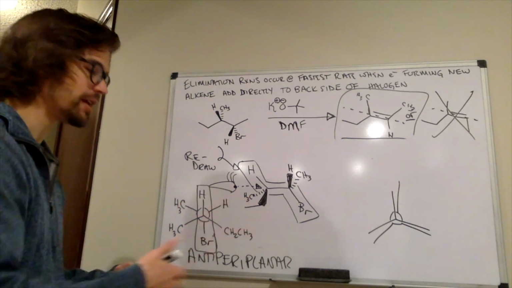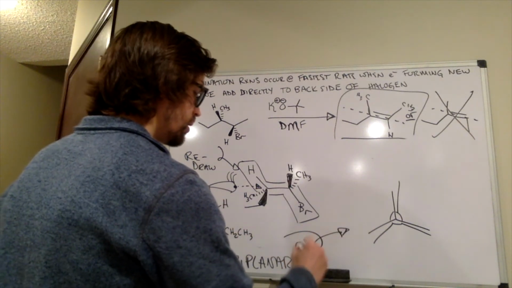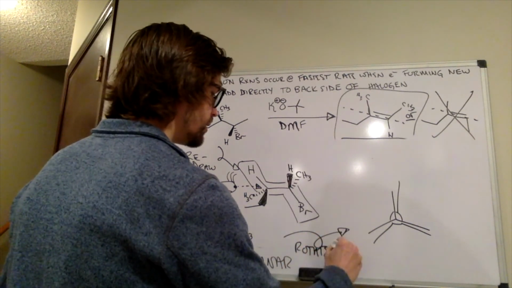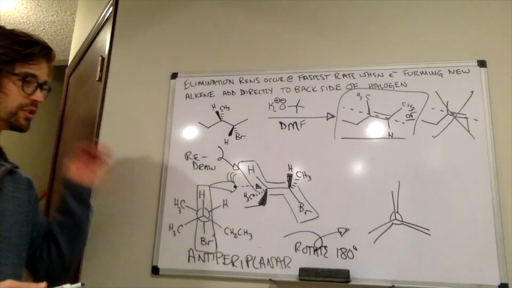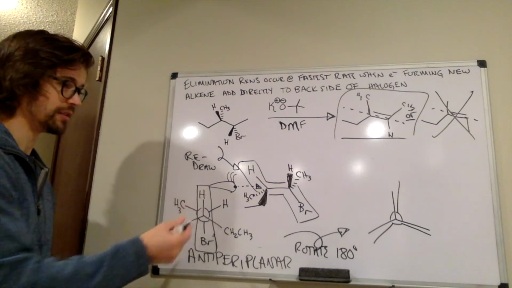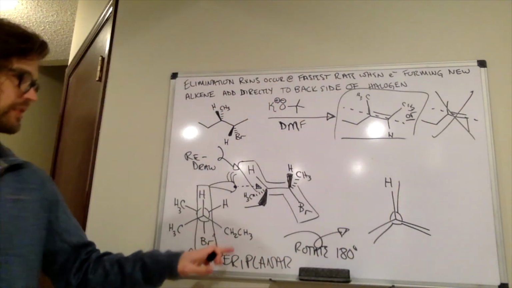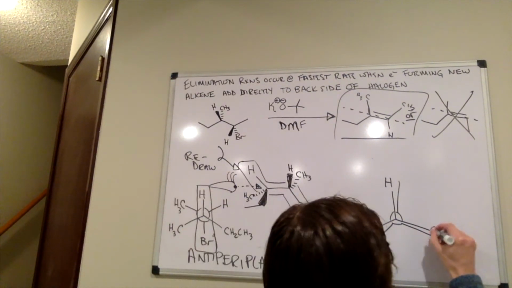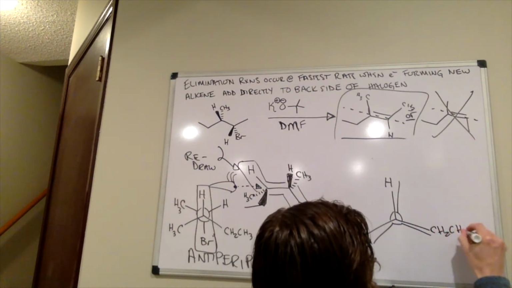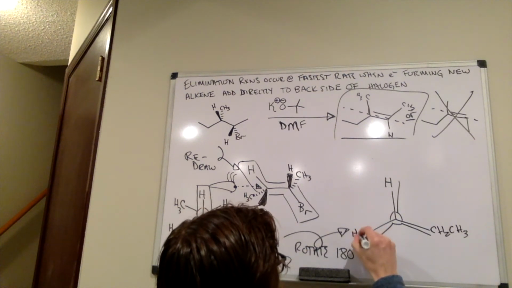But essentially we can get to that conformation if we just rotate 180 degrees from this Newman projection. We're going to keep the front stuff the same, so the hydrogen's in the same spot, the CH2CH3, and the CH3.